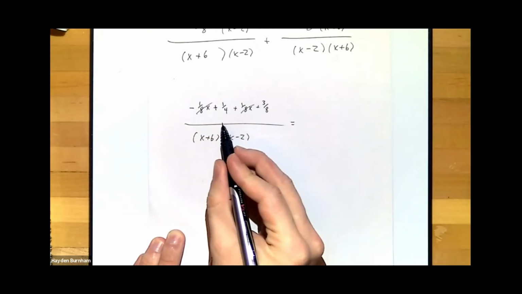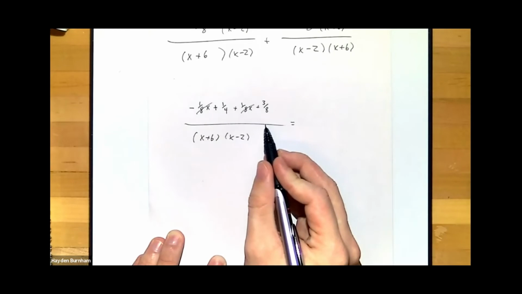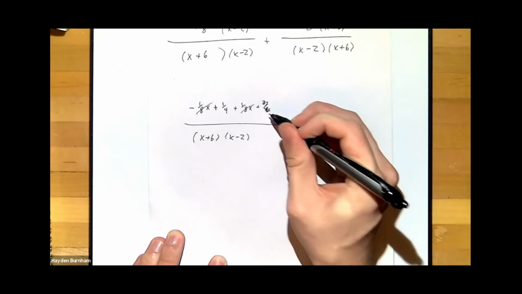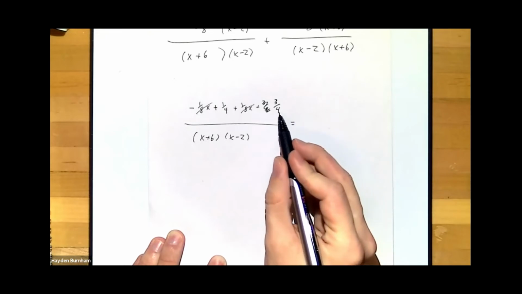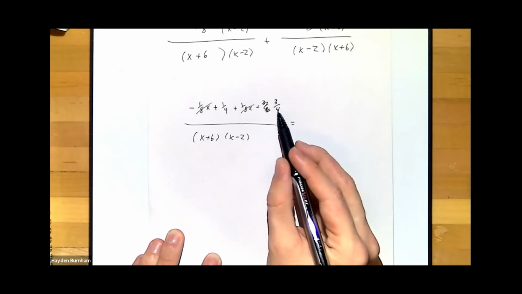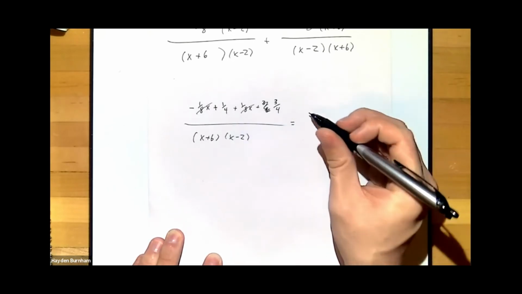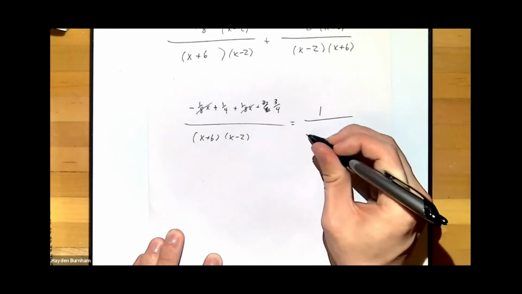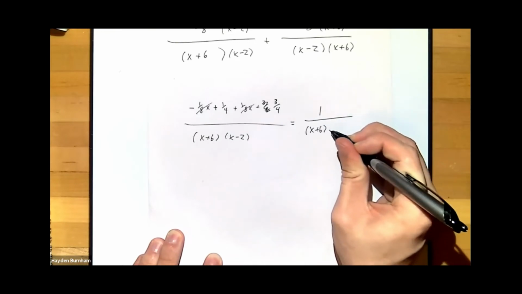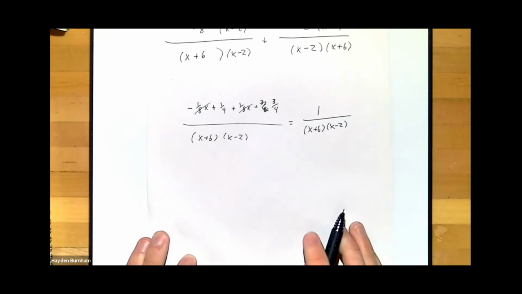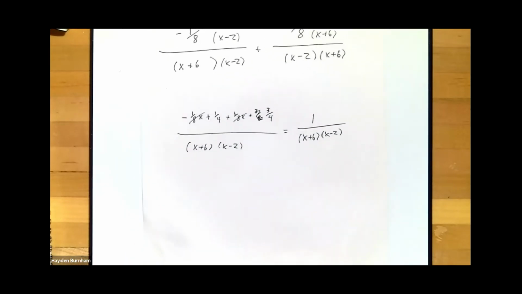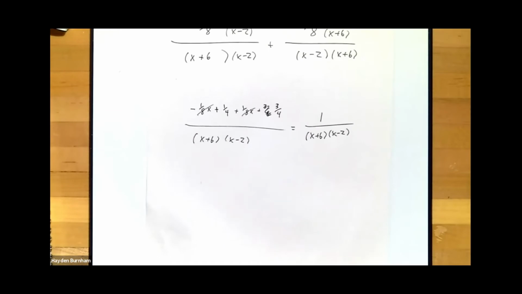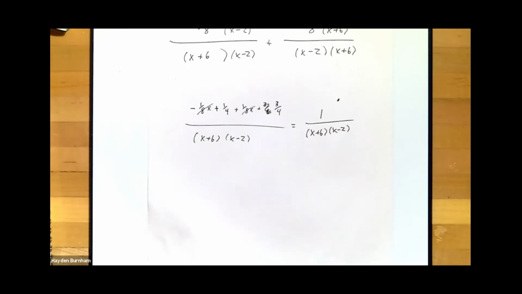And 1/4, oh, sorry, that should be a 4. This should be 3/4. So 1/4 plus 3/4 is going to be 1 over x plus 6 times x minus 2. All right. So I got my original back, so I'm pretty sure these values I calculated are right. But that's the way you can use to test your answer.